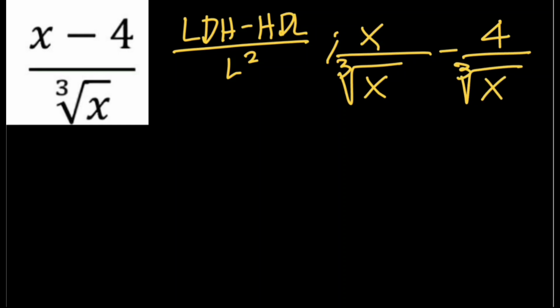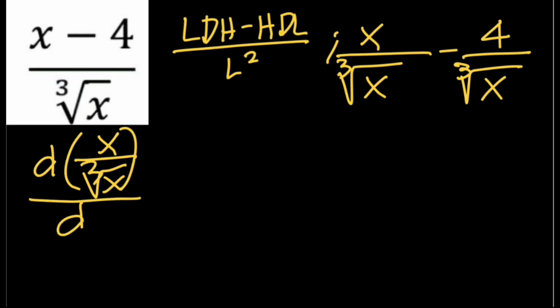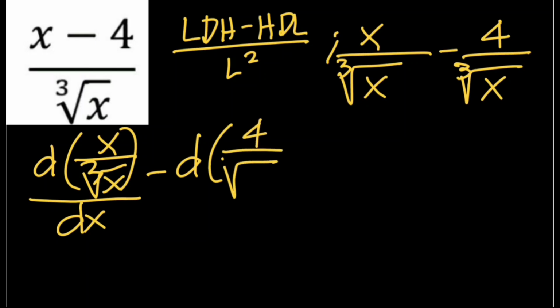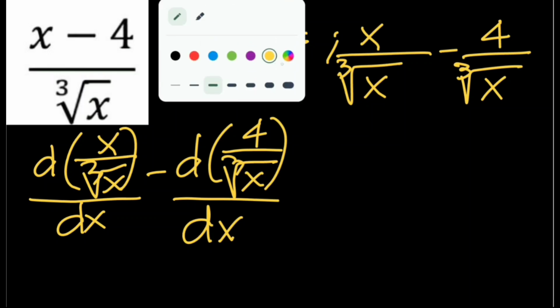Then we get the derivative of each of the functions. So we get the derivative of x over cube root of x with respect to x, and then minus the derivative of 4 over cube root of x with respect to x.